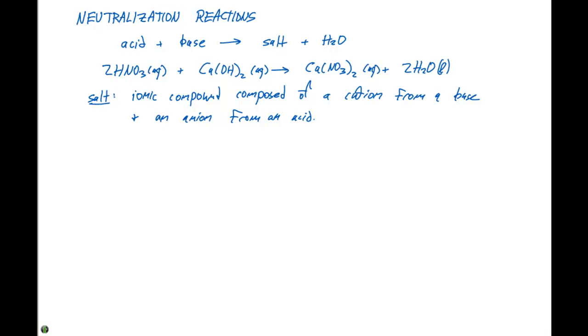In this case, we have Ca2+ that comes from the base calcium hydroxide, and we have NO3-, the nitrate ion, that comes from the acid nitric acid.